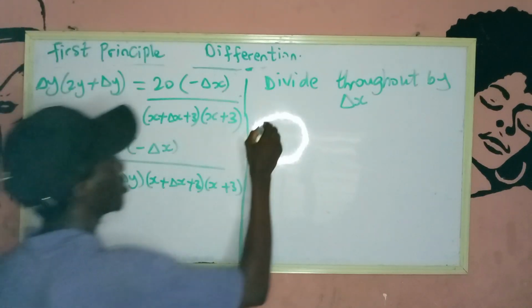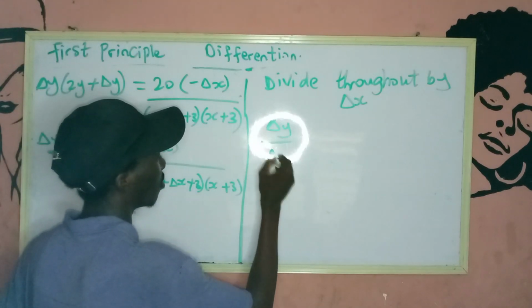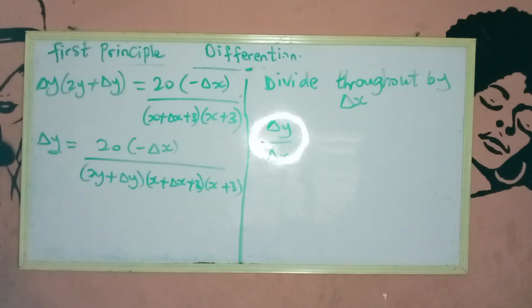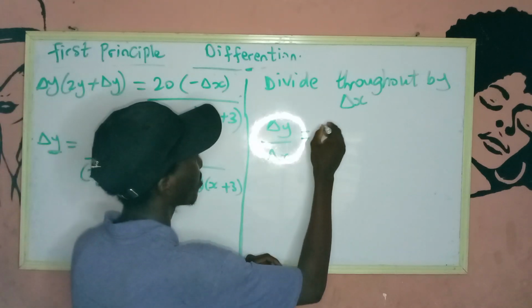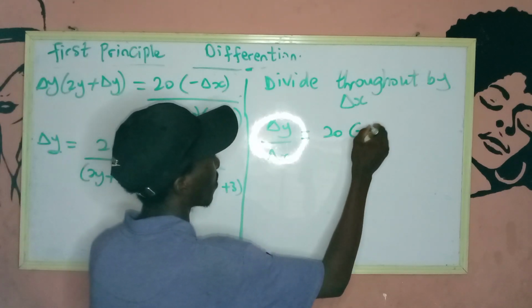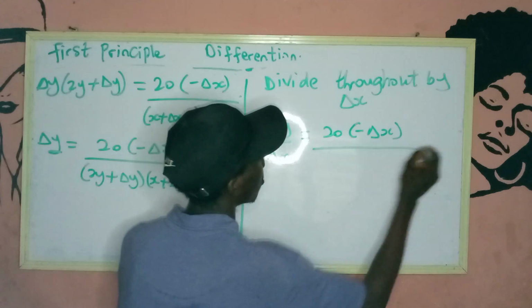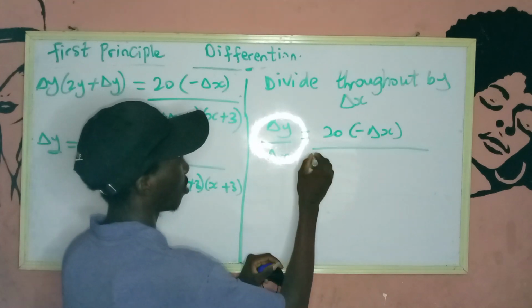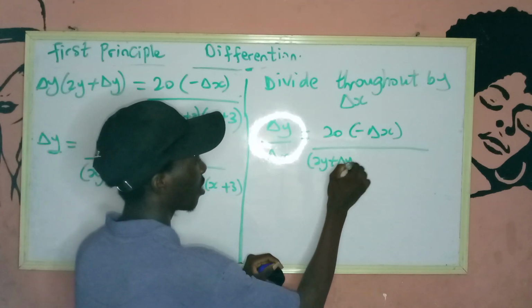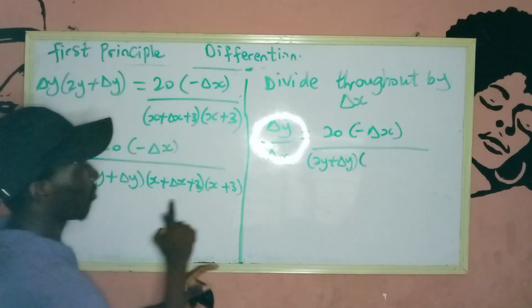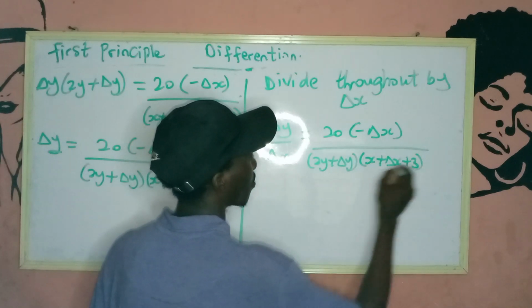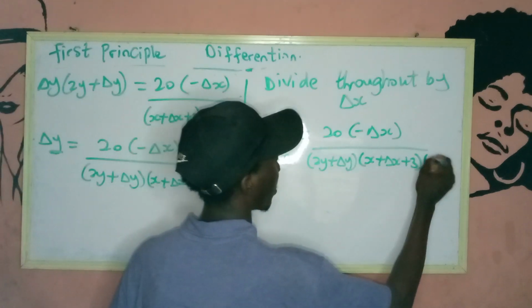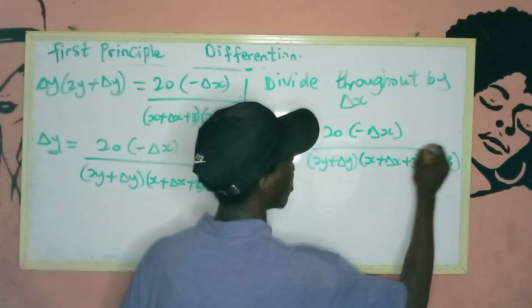So that will be change in y over change in x. Can you see? Change in y over change in x. And that will be 20 minus change in x over this. So I have 2y plus change in y, x plus change in x plus 3, and x plus 3.